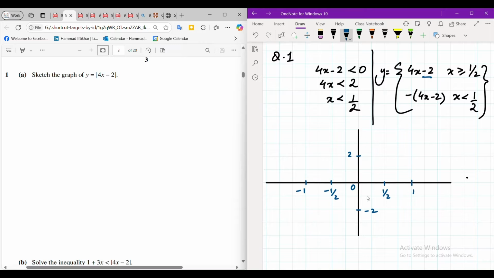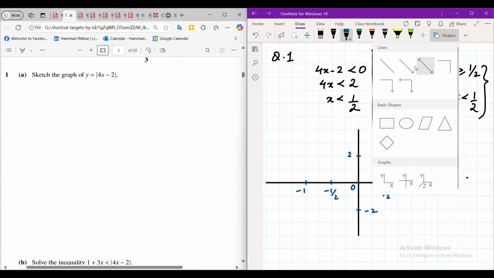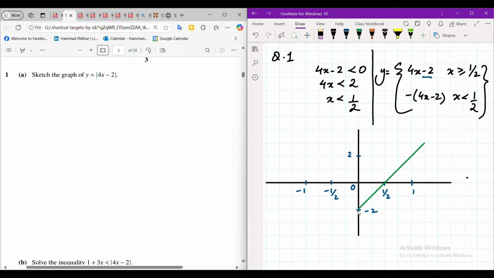It won't be exactly touching those, so let's see. 4x minus 2 means it's a positive gradient, and minus 2 means it's going to go like this, right? But it's not going to actually go there because 4x minus 2 only exists after 1 over 2. So we are just going to keep it this way.